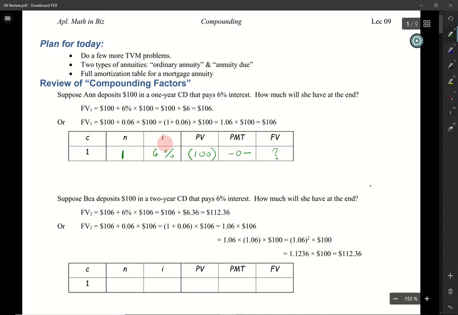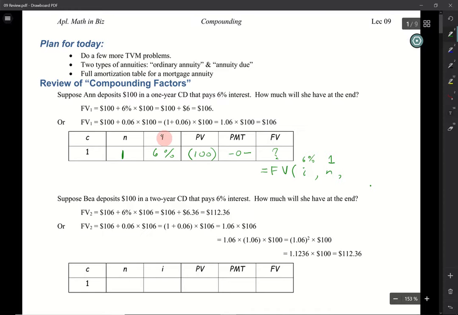If you wanted to do this in Excel, you would use the future value function. You would refer to the interest rate cell, which would be 6%, then the N cell, which would give you just 1.